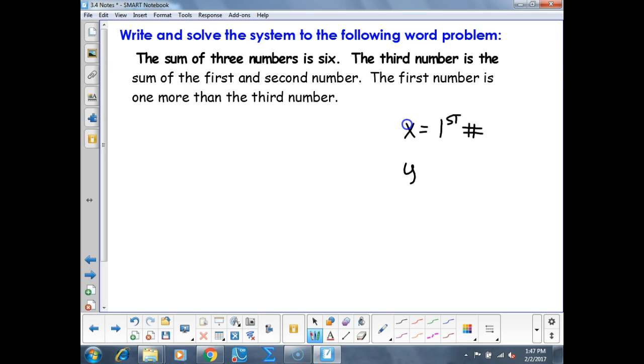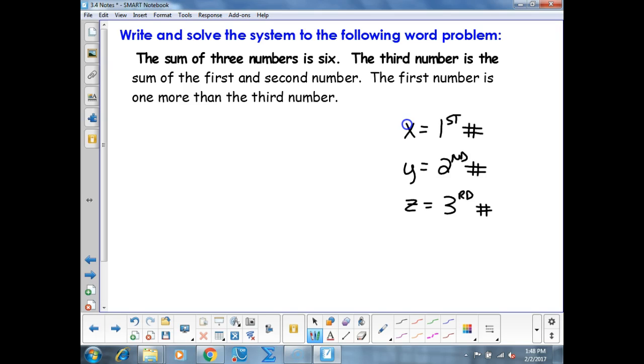I'm an X, Y, and Z kind of a guy. If you wanted to go A, B, and C, that's cool. If you wanted to go P, Q, and R, that's cool.